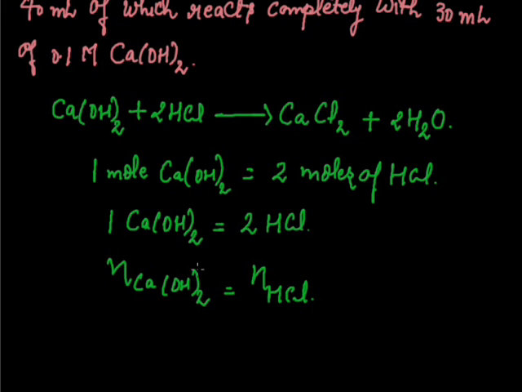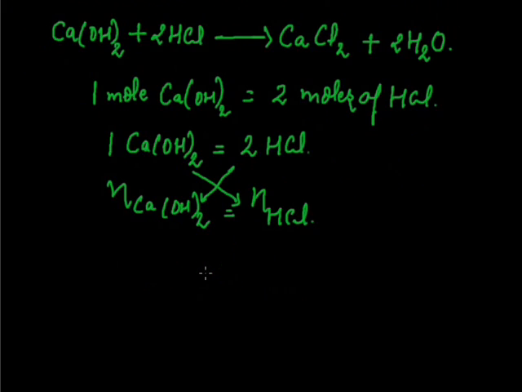Now we'll crisscross to neutralize each other's effect and get the moles. So 2 into n moles of Ca(OH)2 is equivalent to n moles of HCl.